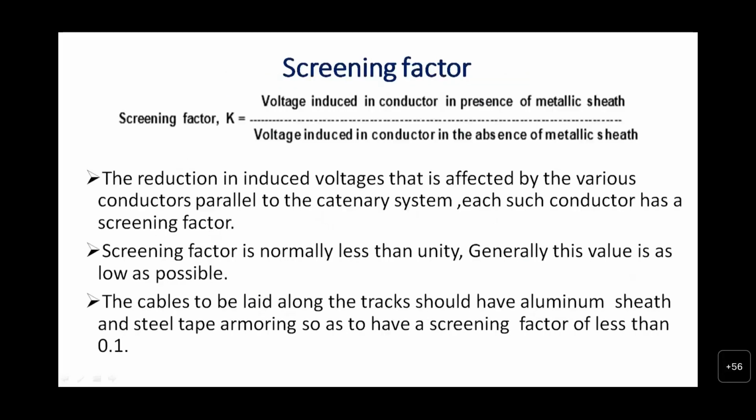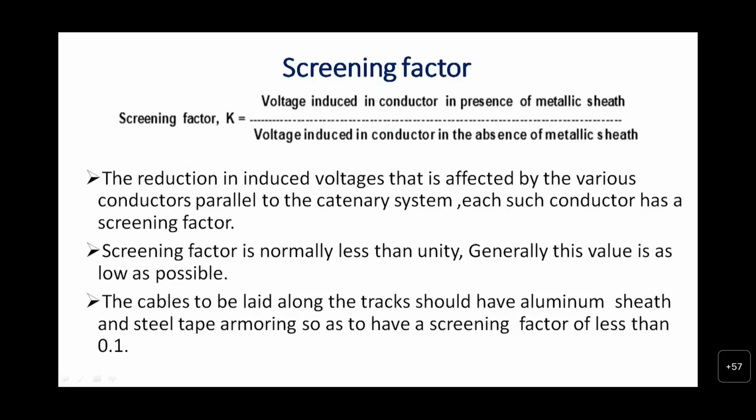The screening factor K is calculated as the voltage induced in the conductor in the presence of a metallic sheath over the voltage induced in the conductor in the absence of the metallic sheath. It gives the reduction in the induced voltage that is effected by the various conductors parallel to the catenary system.